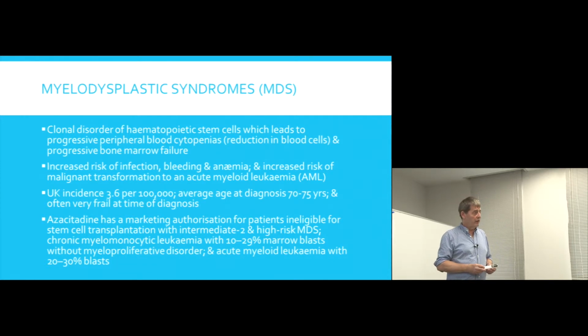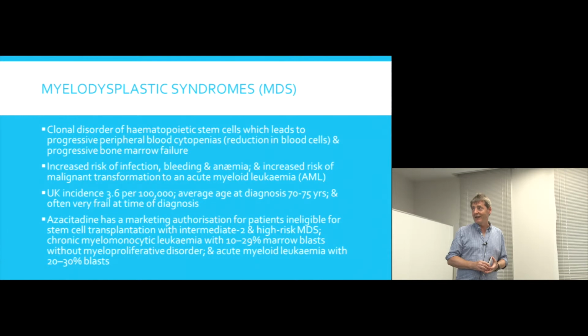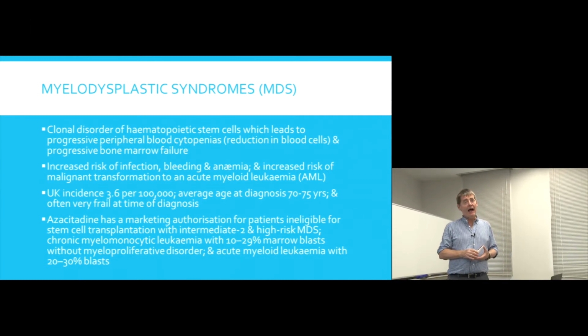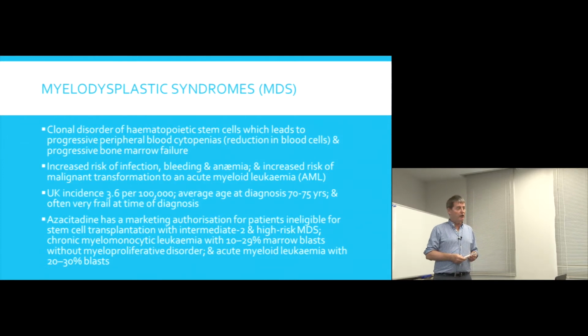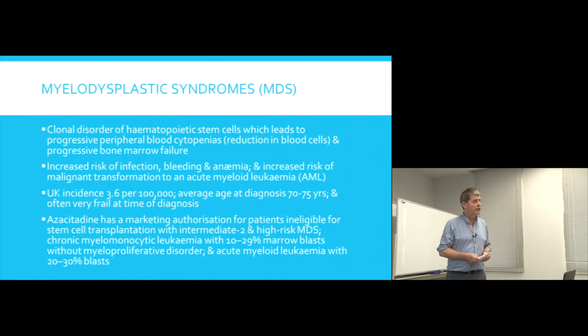And also, there's an increased risk of transformation to something called AML, acute myeloid leukemia. So it's a pretty nasty condition. It's not very common. The UK incidence is 3.6 per 100,000, and I'd imagine Japan is probably similar. Average age at diagnosis is 70 to 75. And quite often these patients are fairly frail when they're diagnosed.